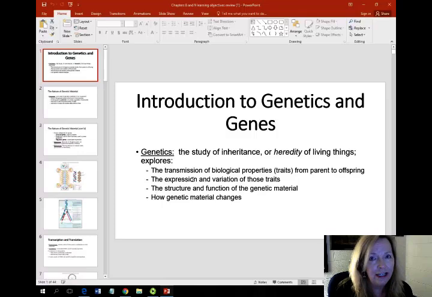And then a gene is actually a single trait. So instead of using the word gene, you could use the word characteristic or trait, or even the recipe for a particular single protein. So that's the difference.